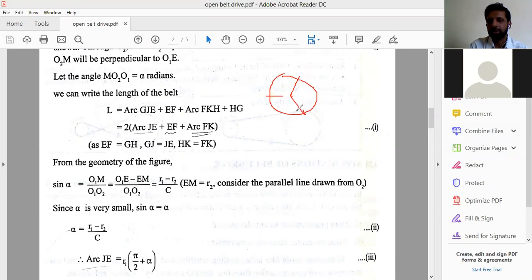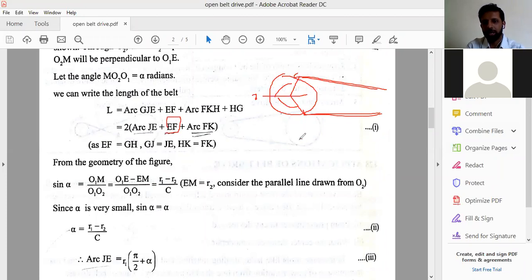So the belt is like this. Now G to J, J to E, so nothing but 2 times of this. If I take only half into consideration, 2 times I can write it as J to E, and that will give me G to J also. Plus E to F is a straight line, G to H is also a straight line, so whatever this distance is, is the same as this distance. So I can take any one of them, and multiply by 2. Again, 2 is a common factor.